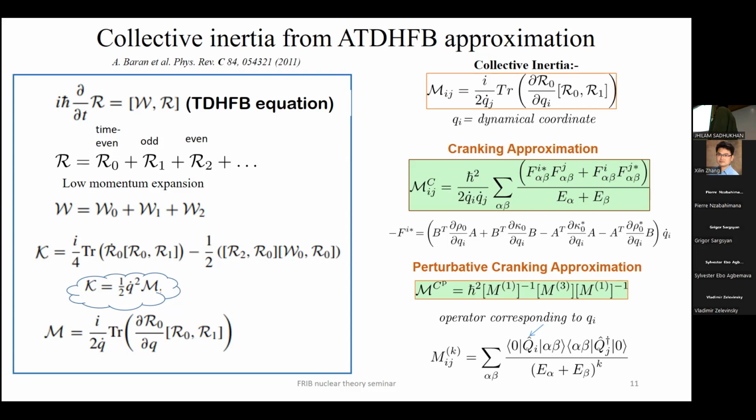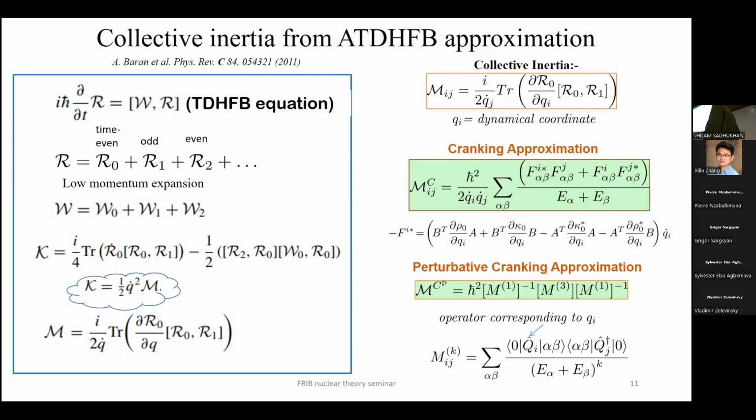These are static densities: this is rho 0 and kappa 0. This is the pairing density, this is the mean field density. And then this involves the derivatives with respect to the coordinates. So we need to calculate these densities at very close by points to calculate these derivatives. To avoid this, we often apply the perturbative cranking approximation, which can be expressed in terms of these moments.